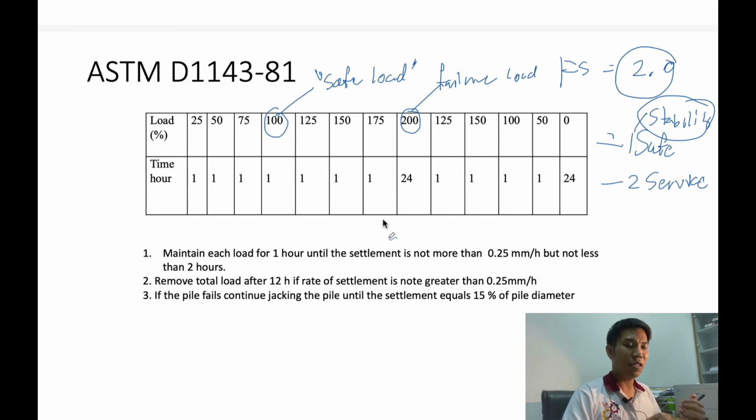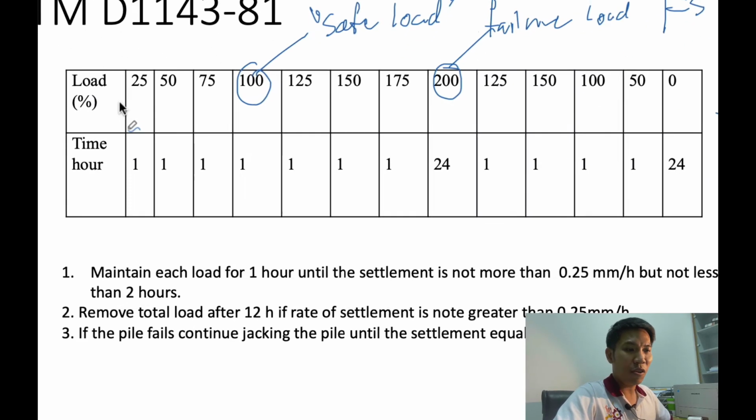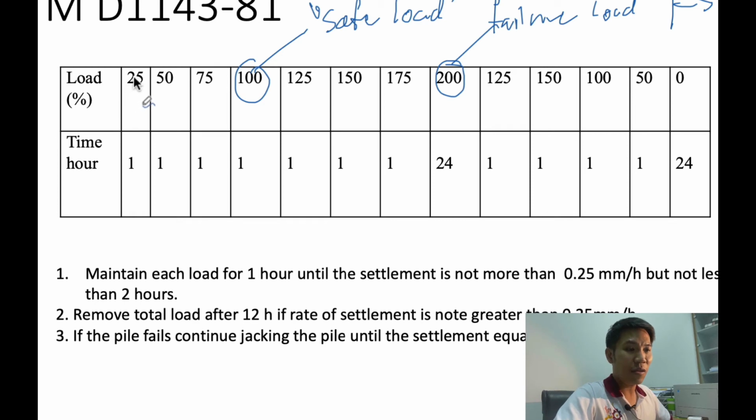How can we increase the load to this? You have to increase the load step by step. The loading step is about 25%, 50, 75, and then increased up to here. You have to maintain the load of each step for about 1 hour.